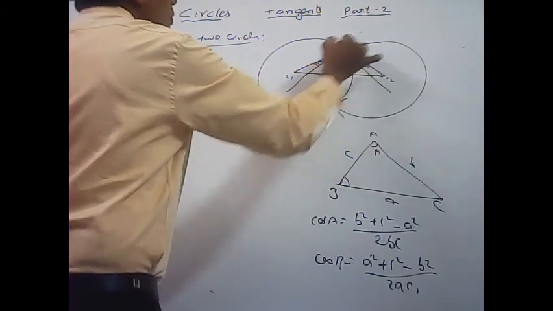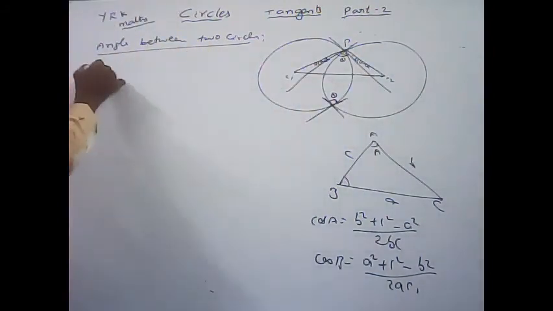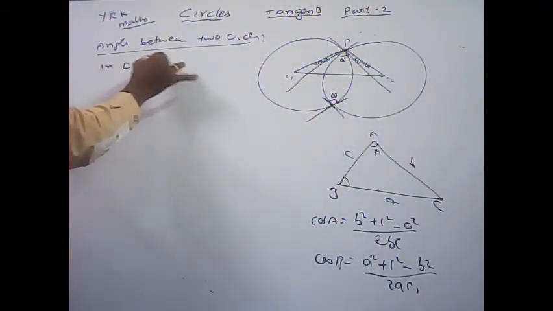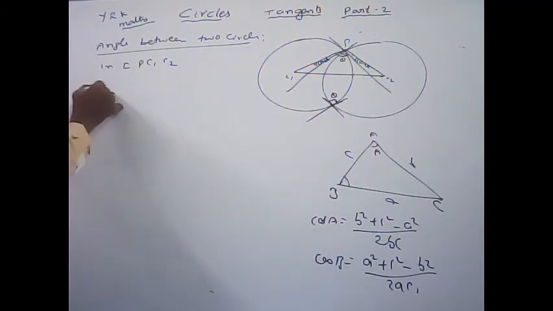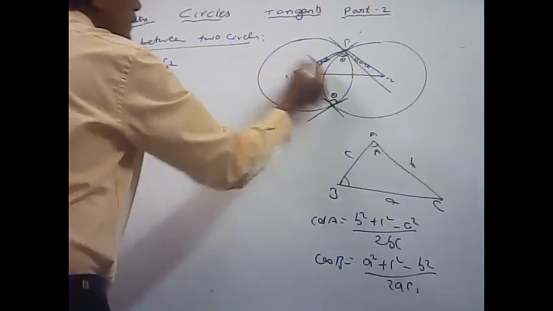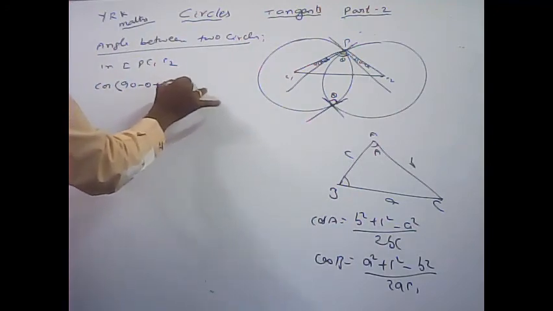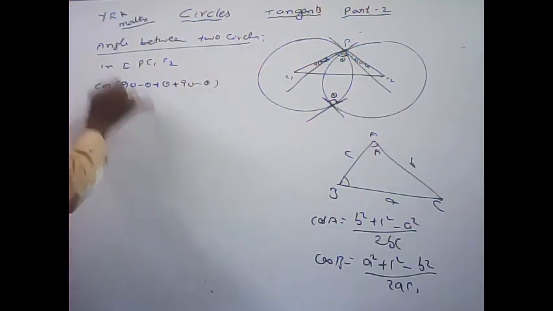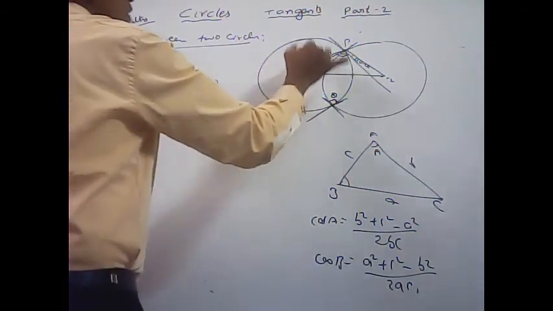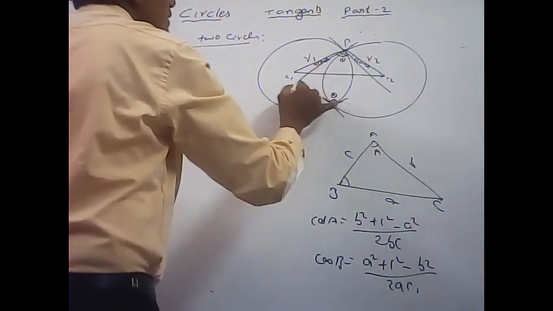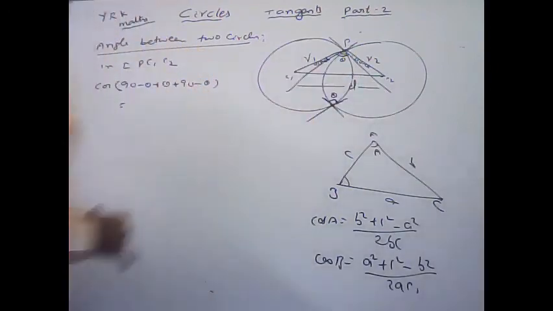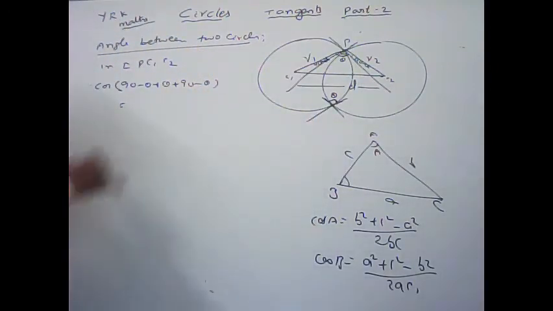I am considering the total triangle PC1C2. In triangle PC1C2, the total angle is 90 minus theta plus 90 minus theta. This is the radius of the first circle, this is the radius of the second circle, and d is the distance between centers of the two circles.